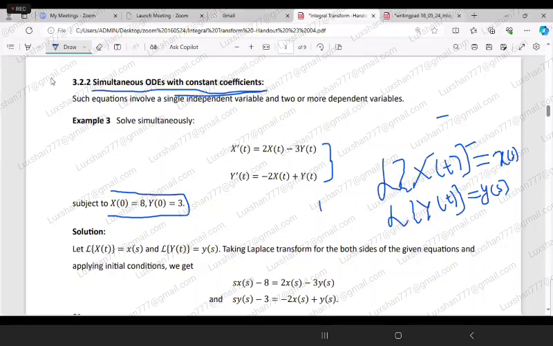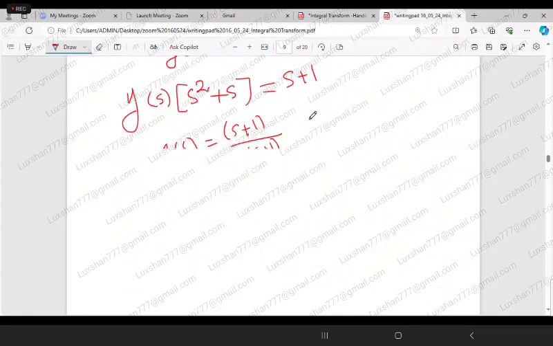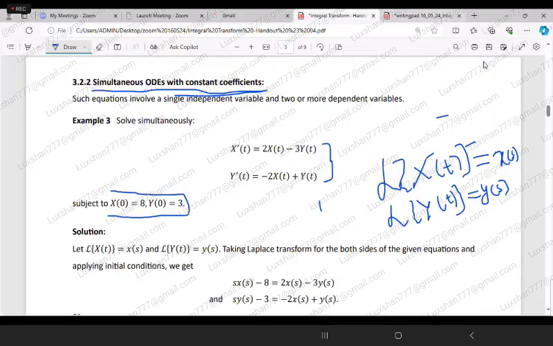So here, if you look at your first function, x dash t equals 2x(t) minus 3y(t).